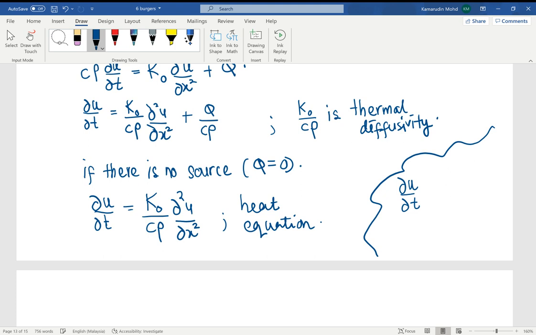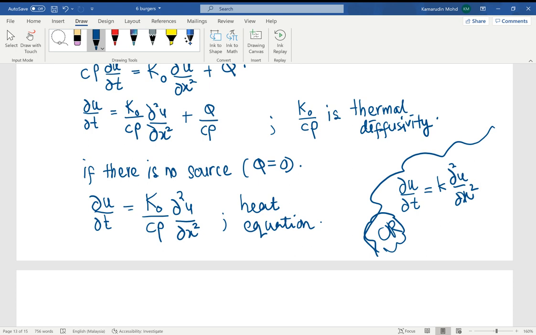Previously we used C or K here. If you see on the right, K actually represents k naught over C rho, which is the thermal diffusivity.